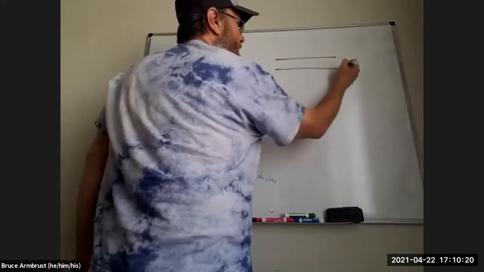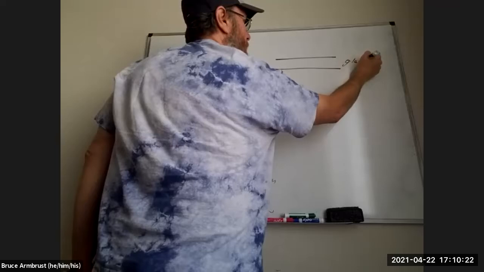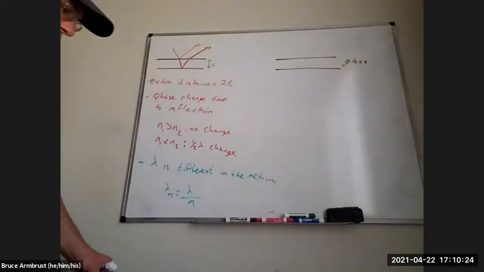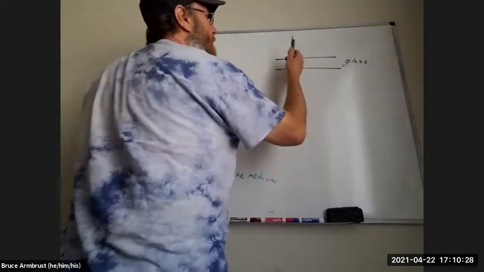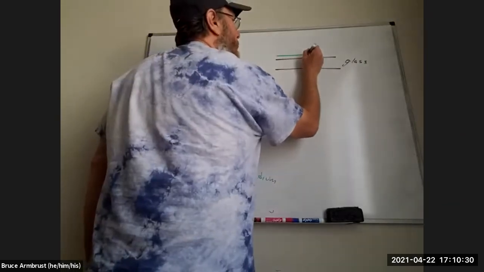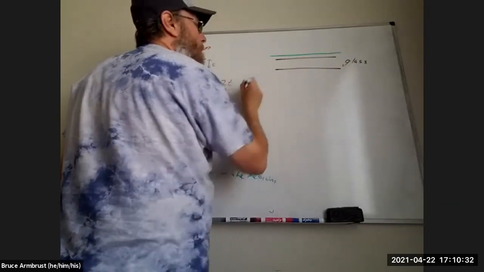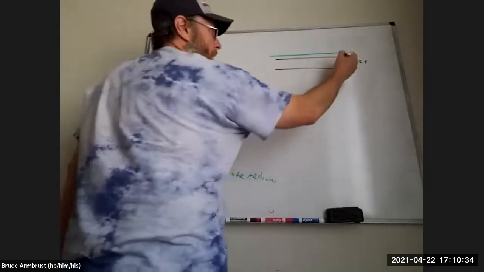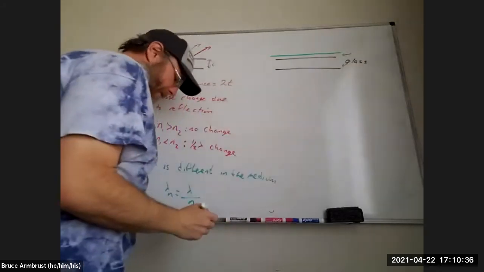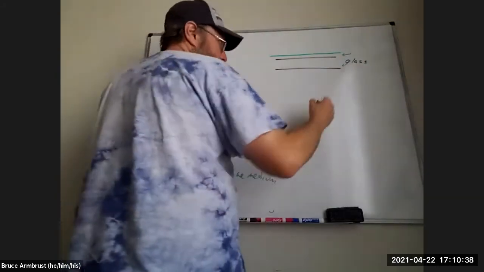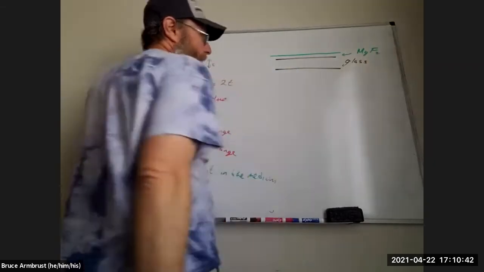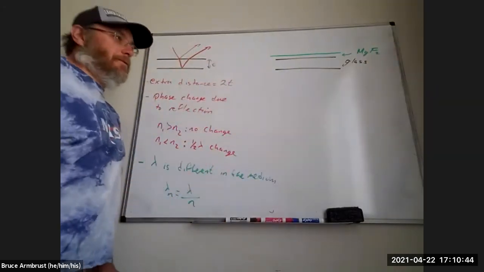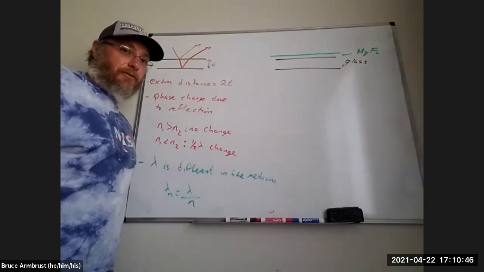We're going to have glass, and on top of that glass, a thin layer. For this thin layer, we're going to use magnesium fluoride. It doesn't really matter what it is, but magnesium fluoride is one of the things used for this.